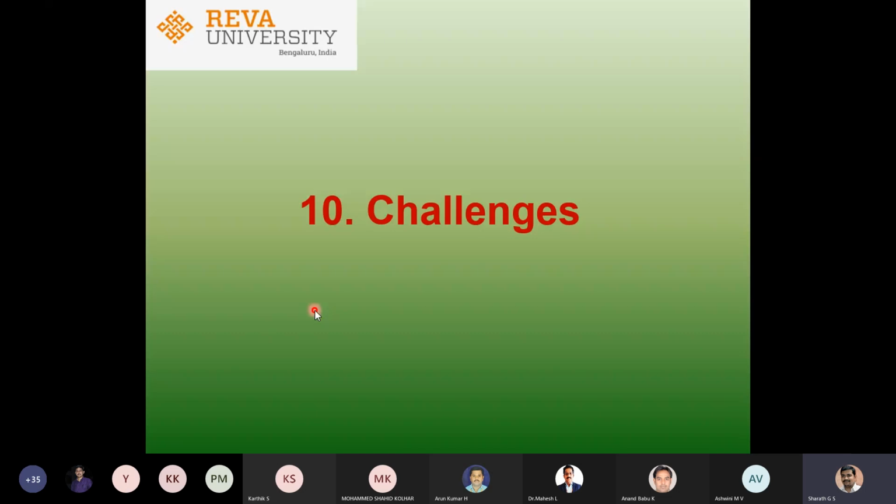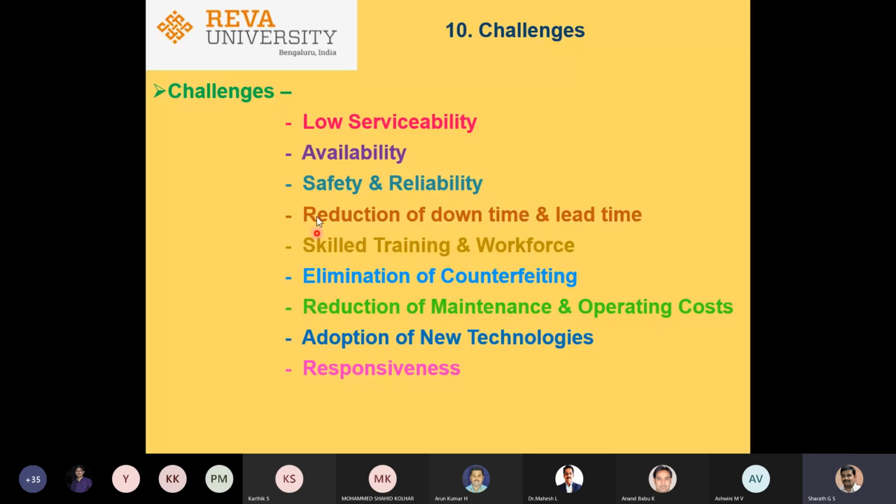Some of the challenges that we have here are low serviceability, availability, safety and reliability, and reduction of downtime and lead time. The above four can be addressed by having condition-based maintenance and new technologies like digital twins.